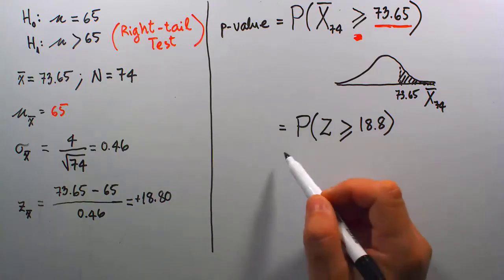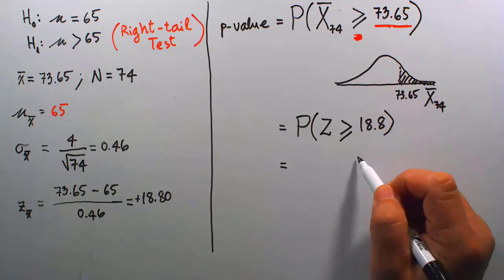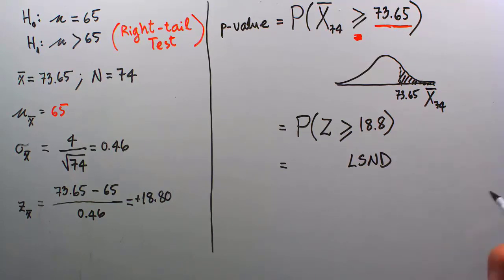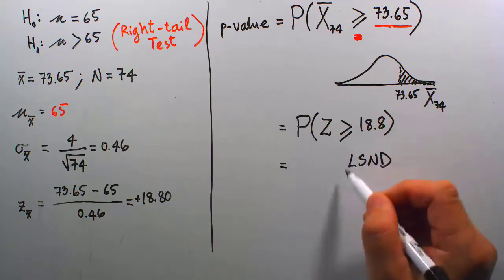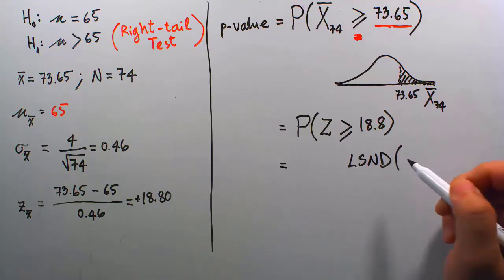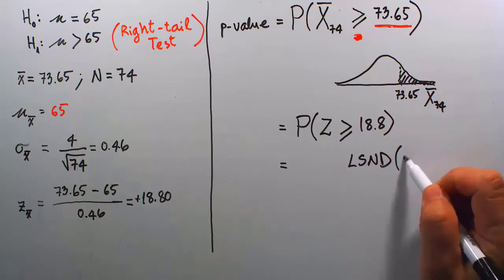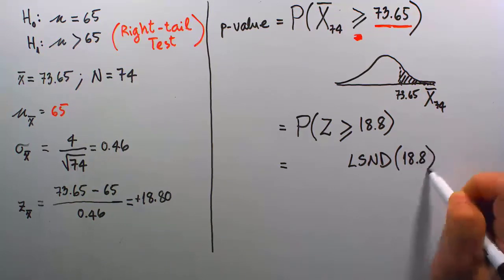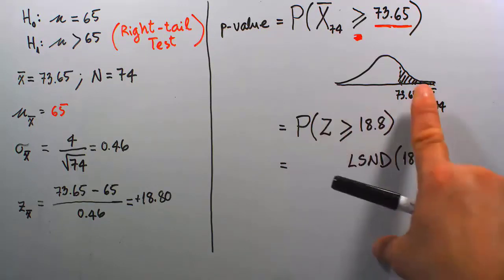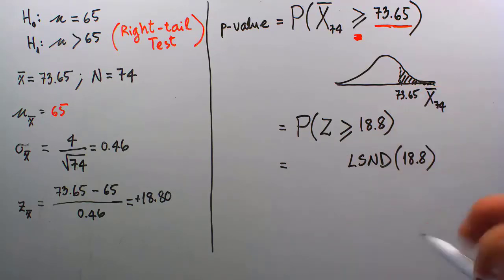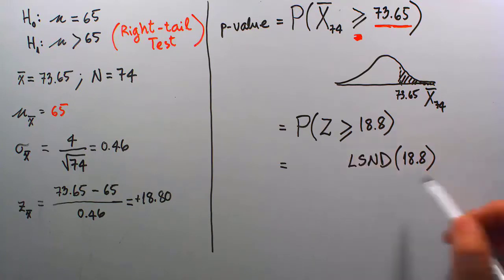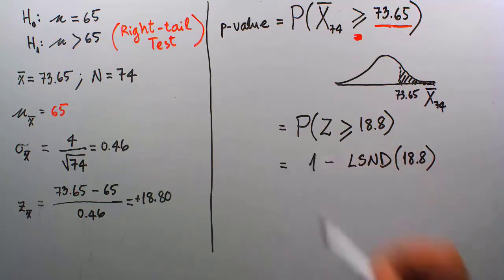And so now we are going to start using our LS&D program that we have used throughout all calculations on the bell curve problems. When we are asked for a z-score, we are going to provide 18.8 for the z-score. Since this problem is looking for the area shaded to the right-hand side, don't forget that we need to subtract the answer from the LS&D program from 1.